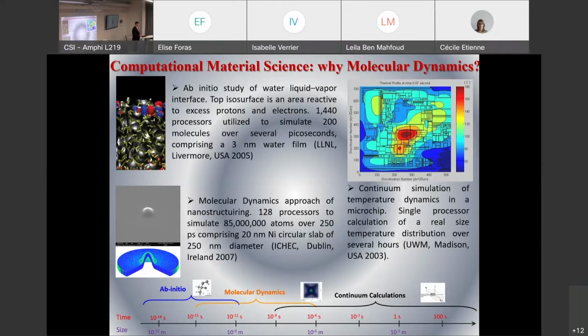That's why they are strictly limited to just a few hundred atoms and can be performed on small spatial and time scales.